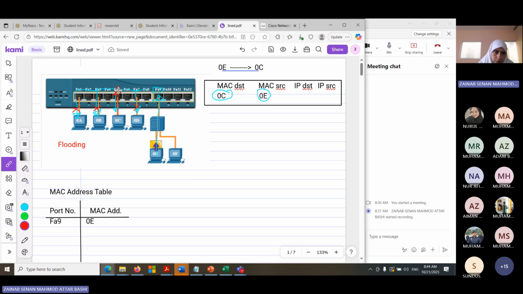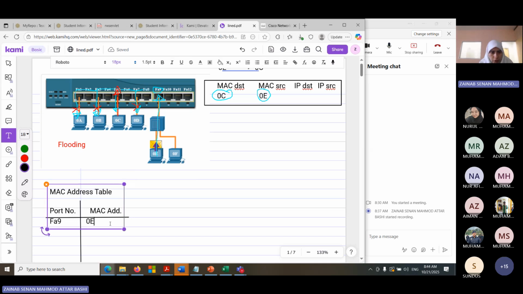So the reply will be sent from C to the switch itself. The switch now will look and say, okay, I got new information. It will be useful for me to record that information. FA port 5, FA5, is connected to a device with the MAC address 0C.